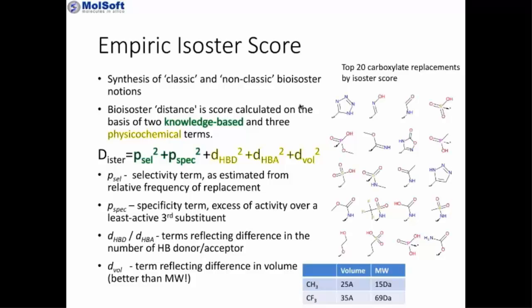So we weigh down by adding a term that would account for how frequently this particular query group is replaced by a given return from the database over the overall frequency of that hit. So that would weigh down non-specific, highly frequent groups.